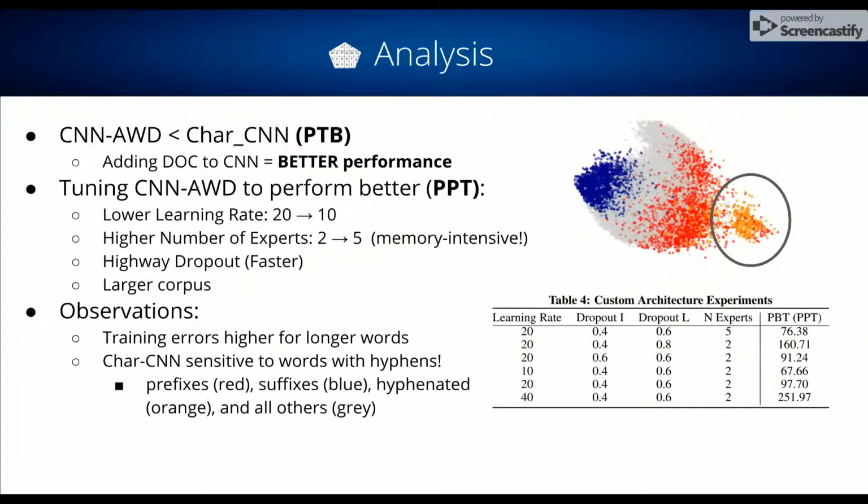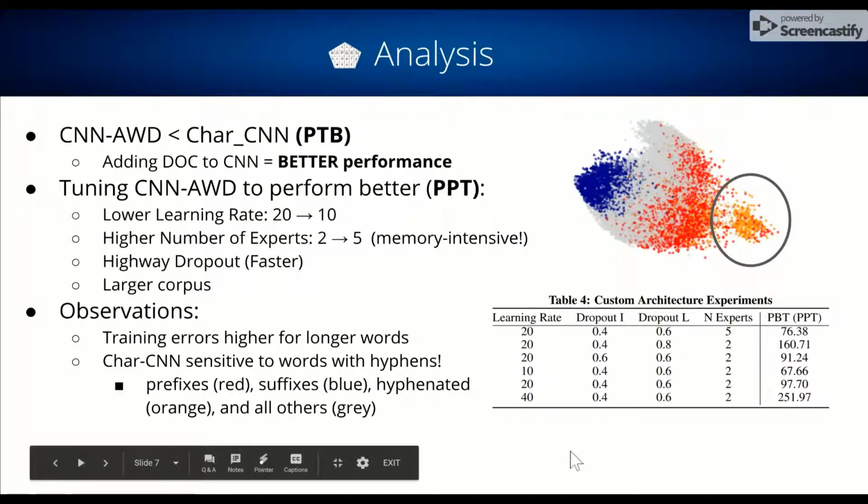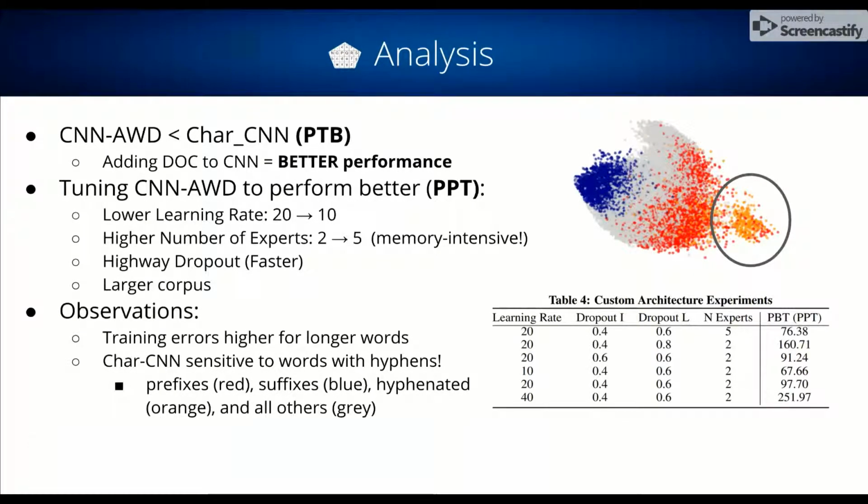Next, in our analysis, we noticed that these are things that improve performance on our custom architecture. Adding direct output connections and increasing the number of direct output connections meant better performance. We also lowered the learning rate, increased the highway dropout, and used large corpuses to perform better on the CNN and AWD.